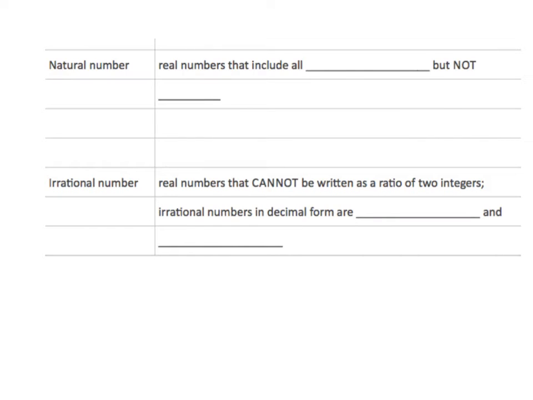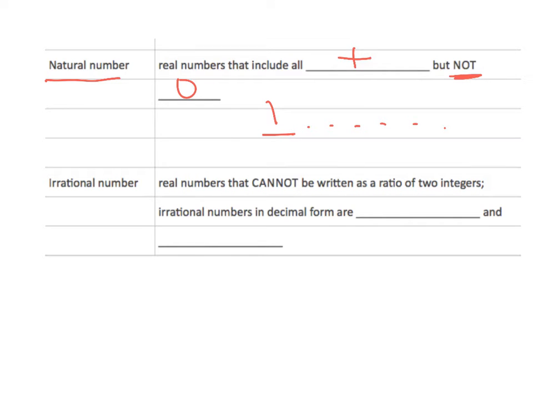Natural numbers are real numbers that include all positives, but not 0. We start with 1. The easiest way to explain this is when you were younger and you were learning how to count, you did not start with 0, you started with 1. Anything bigger than 1 is a natural number.